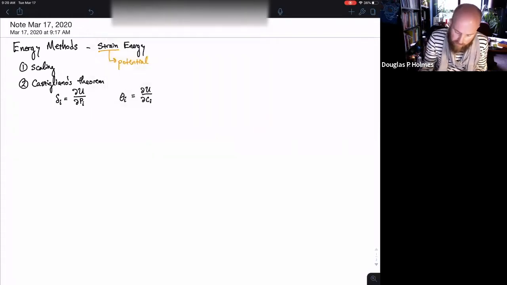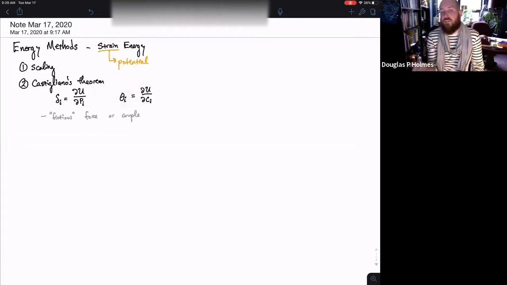We learned that you could use what's called a fictitious force or couple. So you could do that if you wanted to figure out the displacement or rotation at a point where there's no force being applied.